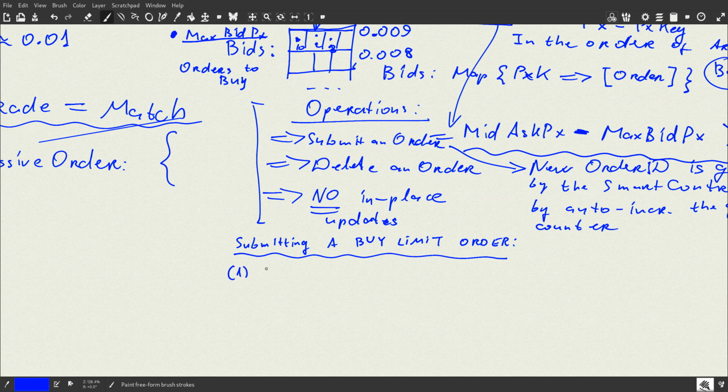First thing you need to do is to check if the order price, if it is a limit order, there is a price, is less than the minimum ask price.